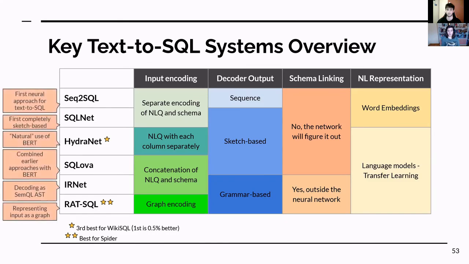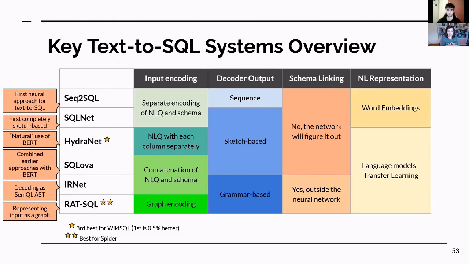And what are the main characteristics of these systems? Text-to-SQL was one of essentially the first neural approaches for a text-to-SQL system. On the other hand, HydraNet, for example, we see that it naturally adopted BERT for the text-to-SQL problem. SQLova is somewhere between because it combines earlier approaches with BERT.